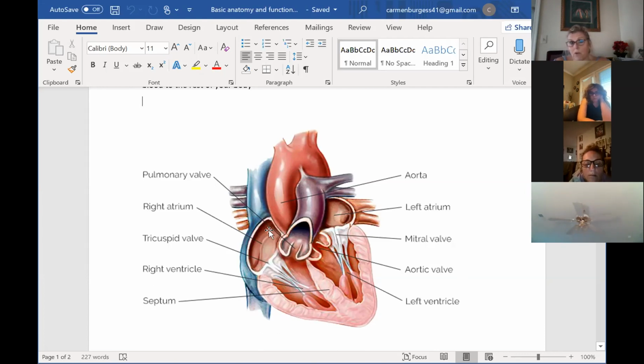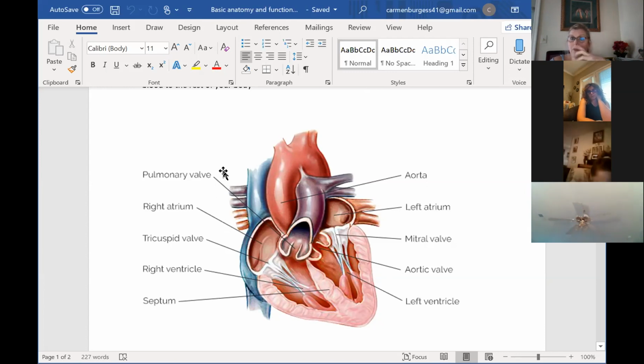This is what's happening when you're reading an EKG. The rhythm you see on the monitor is one heartbeat, and this is mechanically what's happening as the blood is pumped. We know there is mechanical and electrical activity, and on your EKG you're picking up the electrical activity, which tells you what's happening.